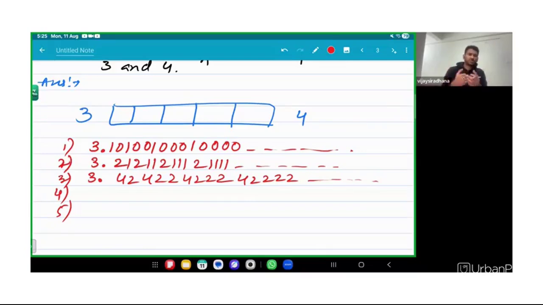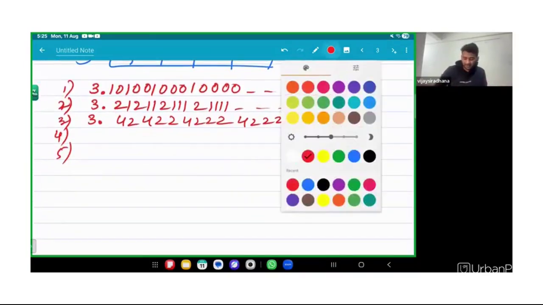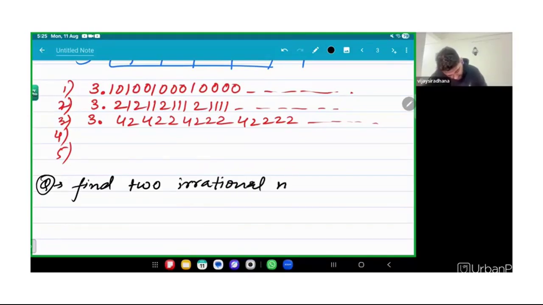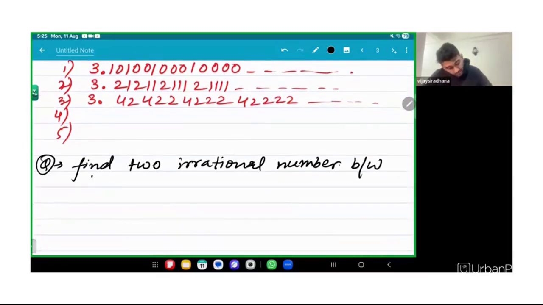It can be other questions also, and it can be in fraction also. For example, if I give you the question: find two irrational numbers between 1 by 2 and 1.